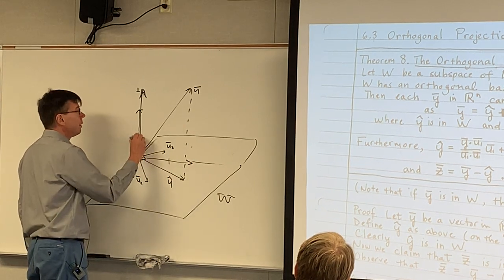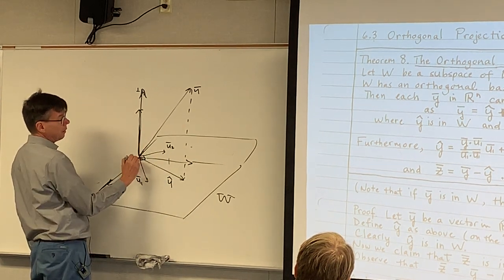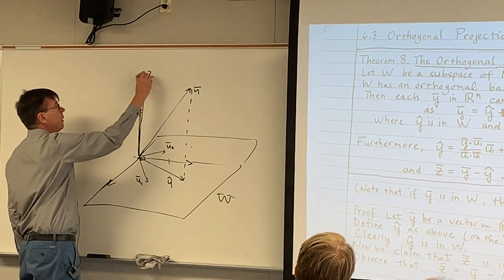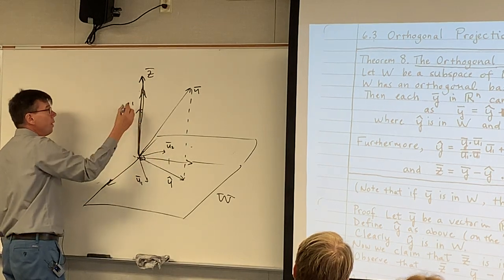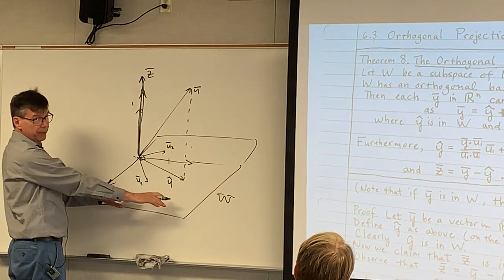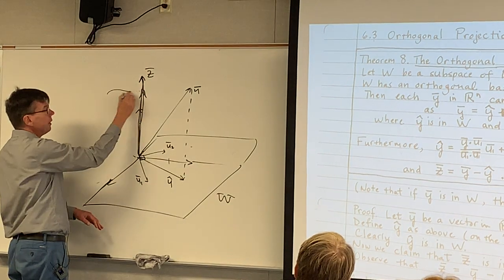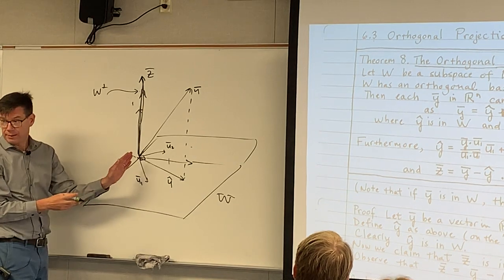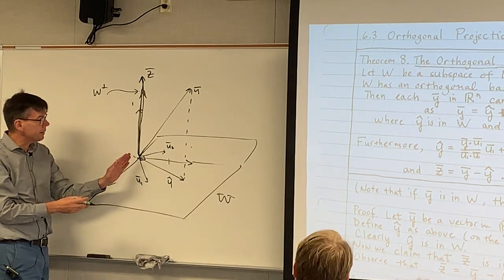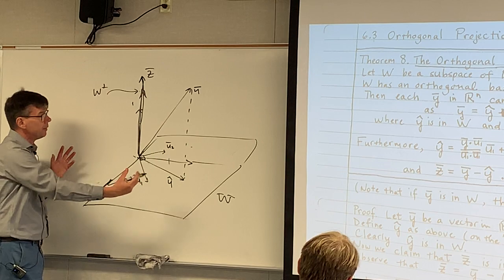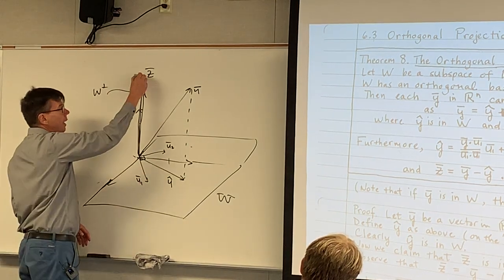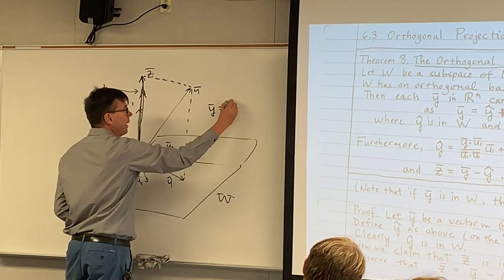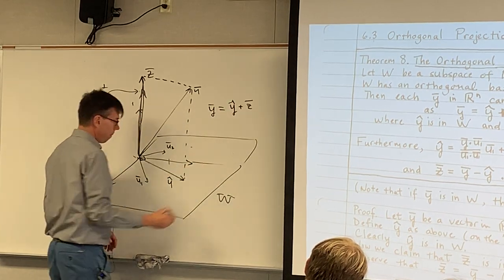I can imagine z; my picture here, I want to go a little higher, right? Now, if W is a two-dimensional subspace of R^3, W perp is just going to be a one-dimensional subspace, so it would be the z-axis. I can't get beyond three dimensions in an R^3 kind of situation. And so what we see is y is equal to y hat plus z.